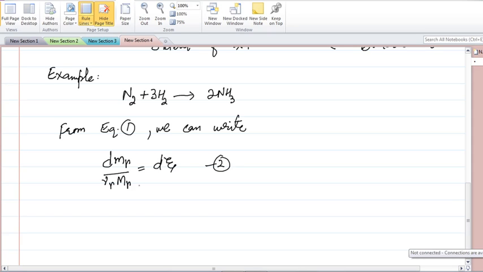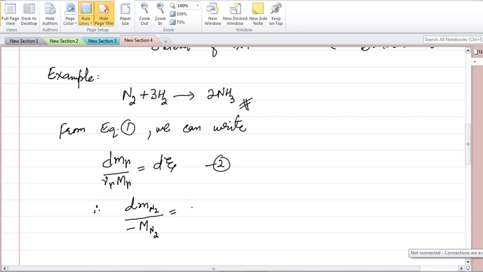So applying this relation to this reaction, we will simply write, therefore it is very simple, change in mass of, suppose first is, this is the reactant side, it is nitrogen, dm nitrogen upon minus, here we have taken the value of mu gamma for reactants as negative, so it will be molecular mass of nitrogen.